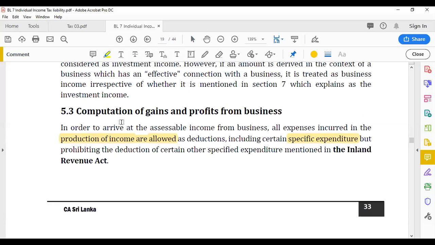So the main area you have to understand in business income: there are two types of expenditures in business in calculating business income. One is allowable expenditure, the other one is not allowable expenditure. Say, I will do an example for your understanding.